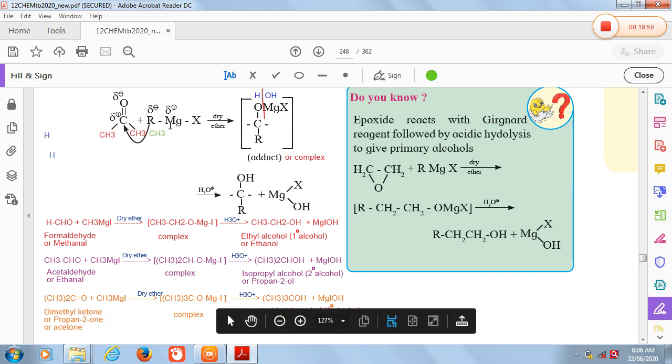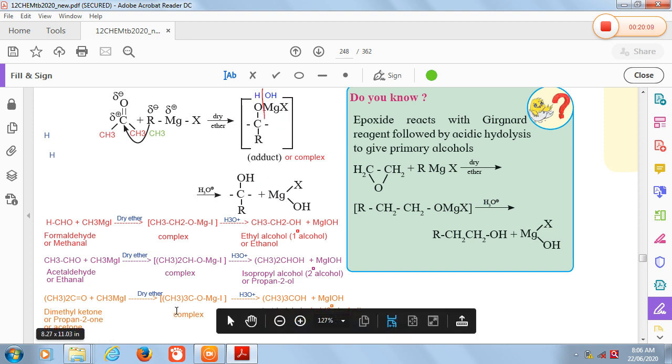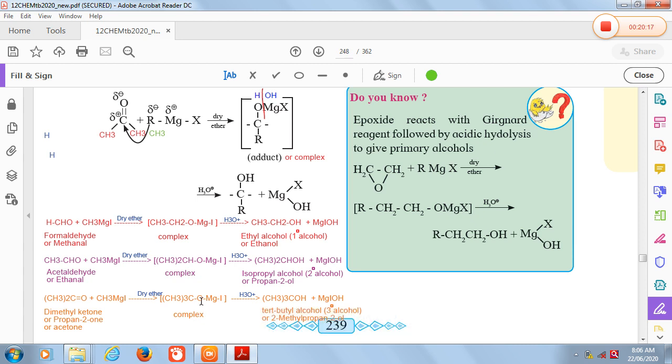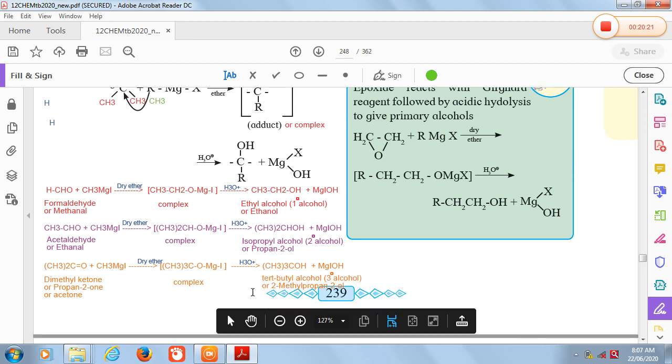So now your C double bond O carbon contains three CH3 groups, and C double bond O gets converted to C single bond OMgI. So your complex becomes (CH3)3COMgI. Now we have to break the O-Mg bond, add hydrogen to oxygen and OH to MgI on acid hydrolysis. What do we get? (CH3)3COH plus MgIOH.